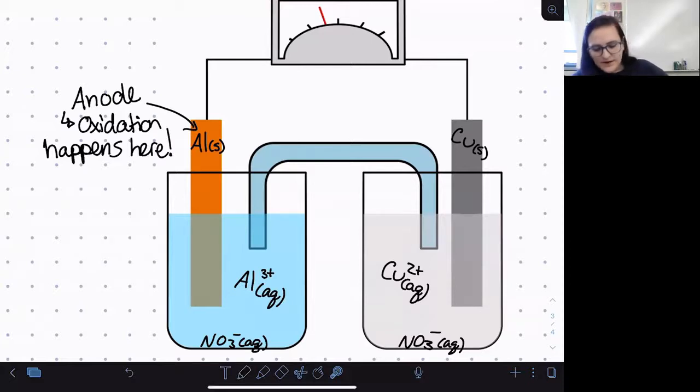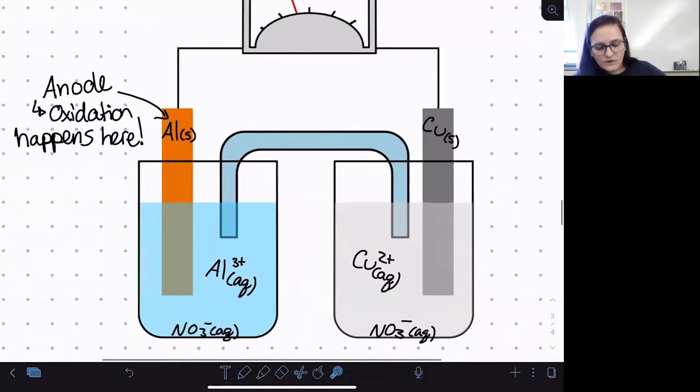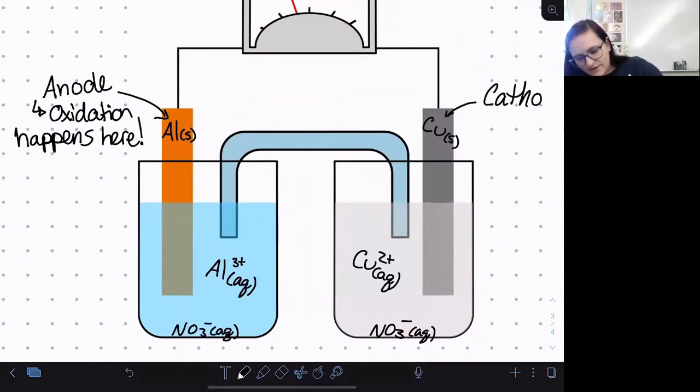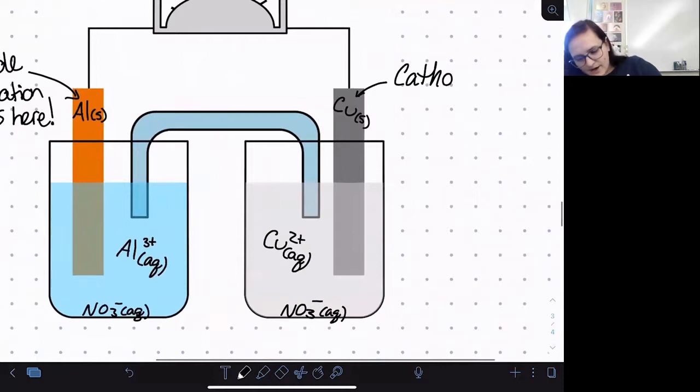On the other side, in our other beaker, we have a strip of copper metal partially submerged in a solution containing copper ions. So those were our 2 different half cell materials. We had aluminum solid and aluminum 3+, copper solid and copper 2+. The copper was our cathode reaction. So this piece of copper is our cathode, which is where reduction happens.